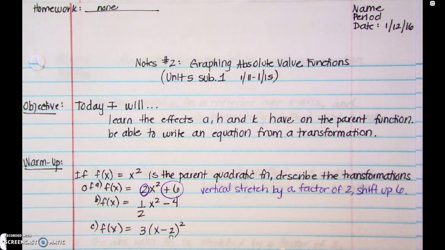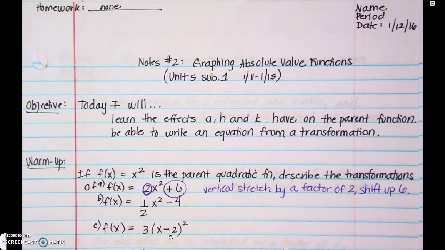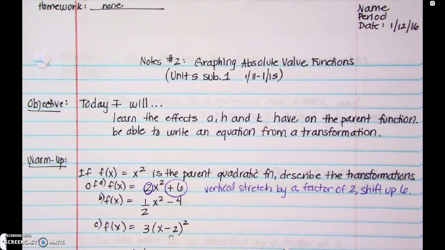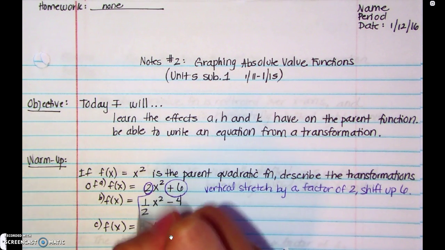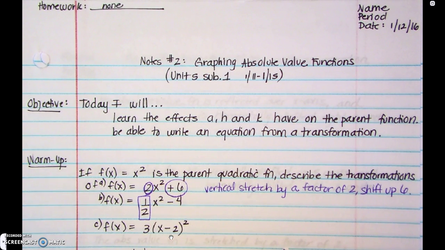Okay, so this is kind of refreshing your memory. This is not new, but this is what we're going to use again. I know you may have forgotten, so we're going to practice that a little bit, okay? If you look at f of x is equal to 1/2 x squared minus 4, come up with the transformation. Okay, after you think about it for a little bit, the 1/2 is smaller than 1.